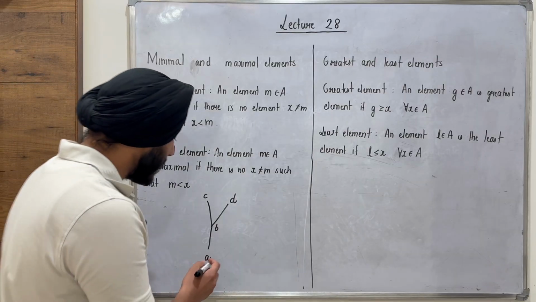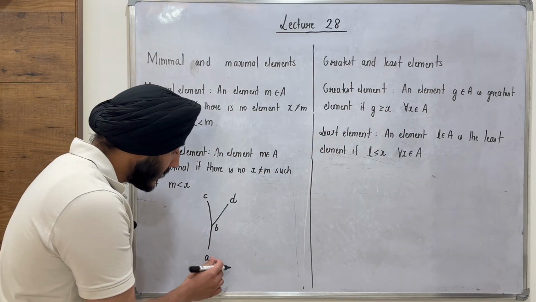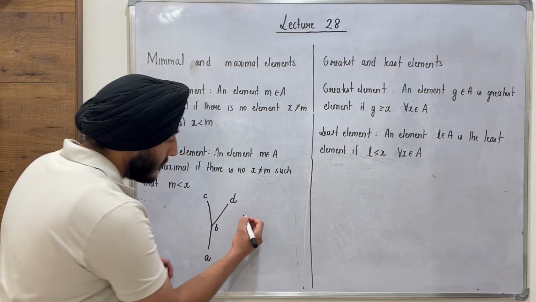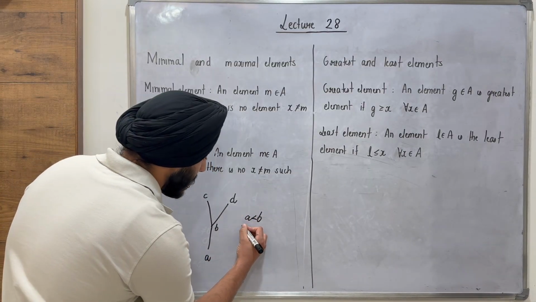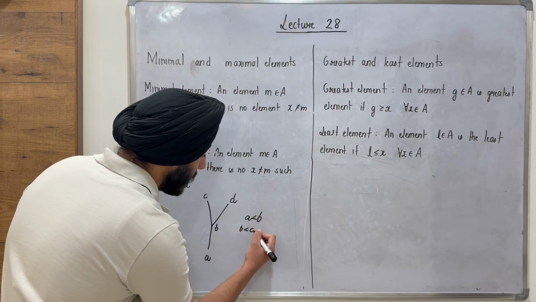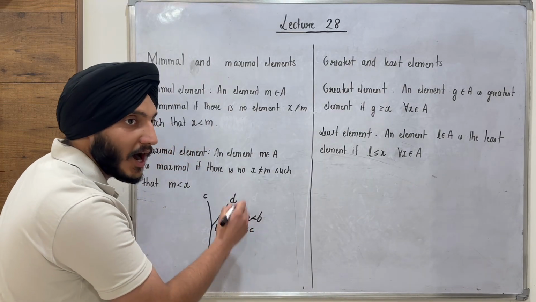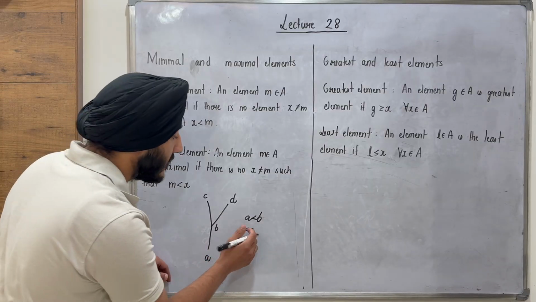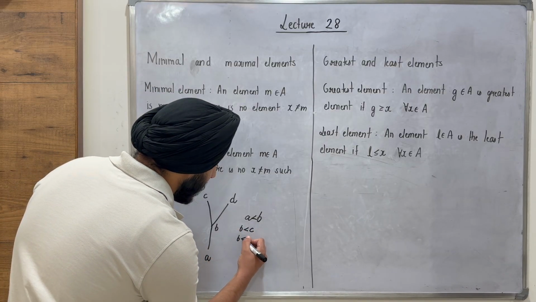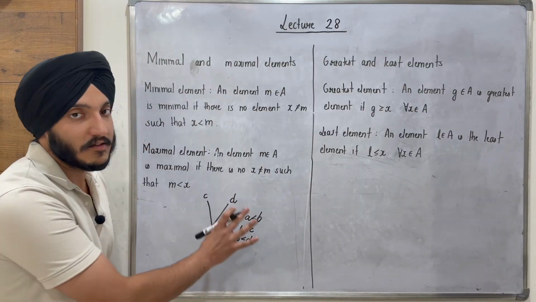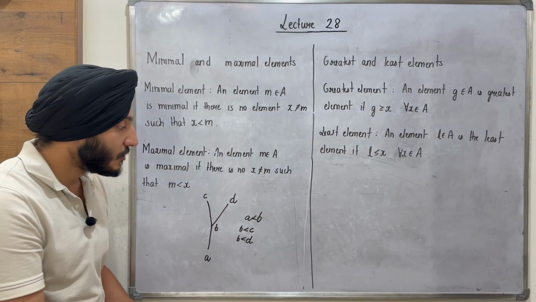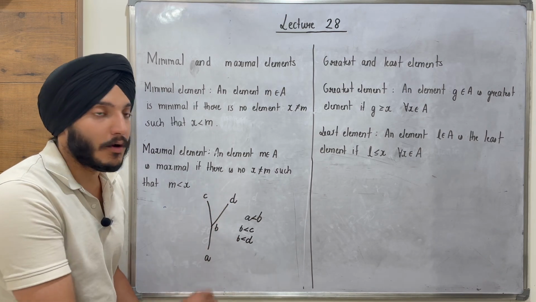So the basic point is, if you look at this diagram, I see A is less than B, which is A is related to B. B is related to C, right? I'm not using the R sign, I'm using the less than sign instead in this case, right? B is less than D, but remember, C is not less than D or D is not less than C. That's not something that we have been given, so that's not something we have to worry about, right?